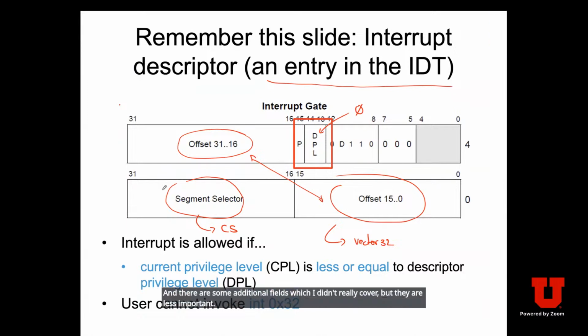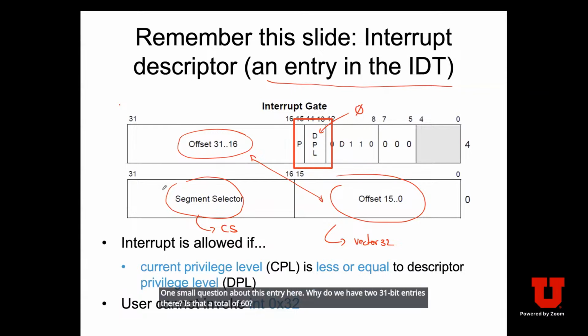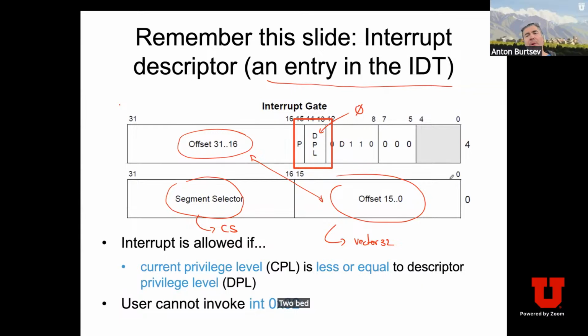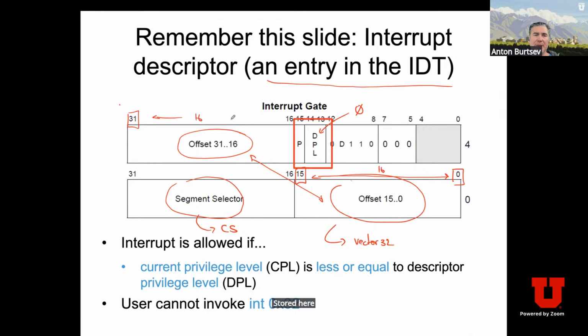Okay, thank you. A small question about this entry here. Why do we have two 16-bit entries there? Is that a total of 32 bits? Yeah, no, the way it's organized, the first 16 bits are stored here, and the upper 16 bits are stored here.